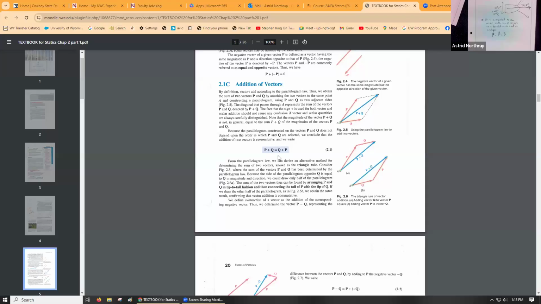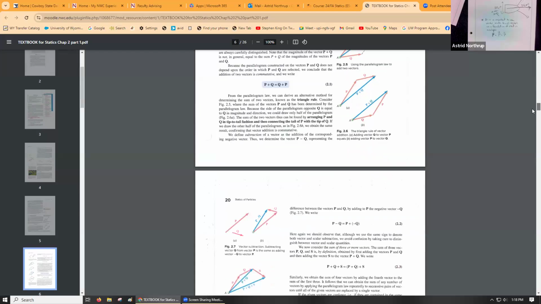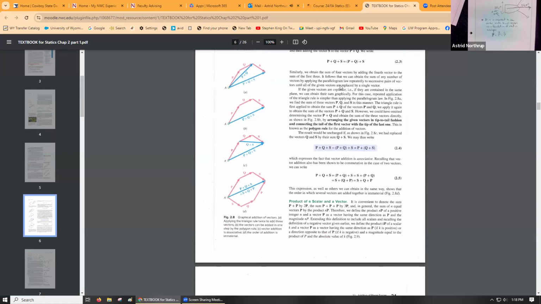So going back and taking a look, first of all, vector P plus vector Q equals vector Q plus vector P. That's just the commutative property. So vectors do obey the commutative property of addition. Similarly, if you have three vectors that we are adding together, you can group them together in different configurations.